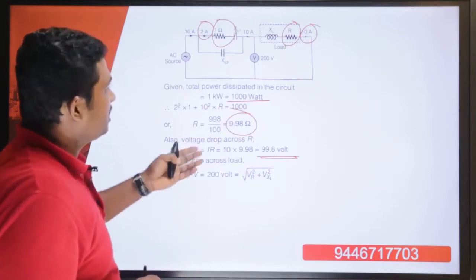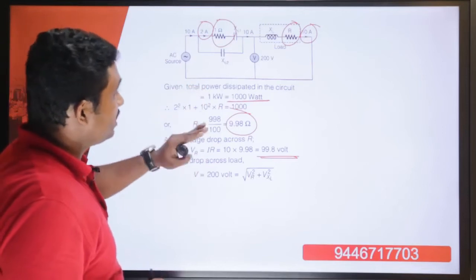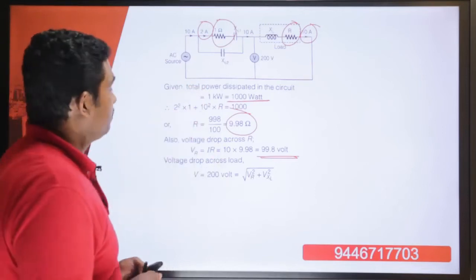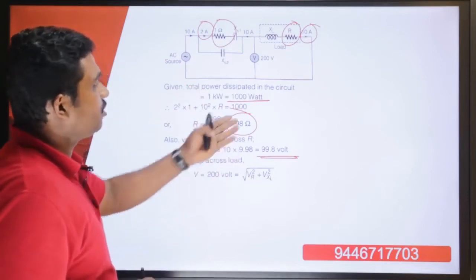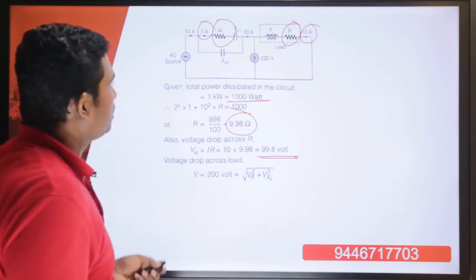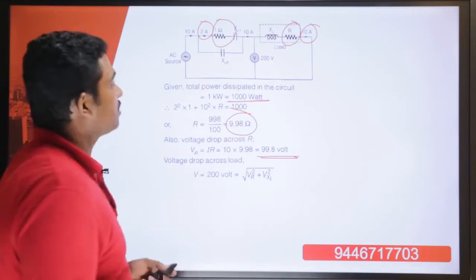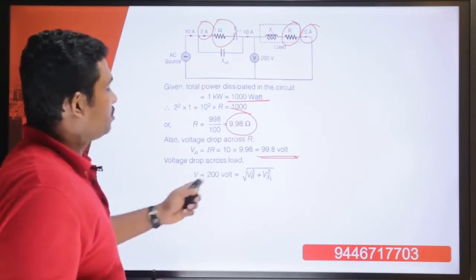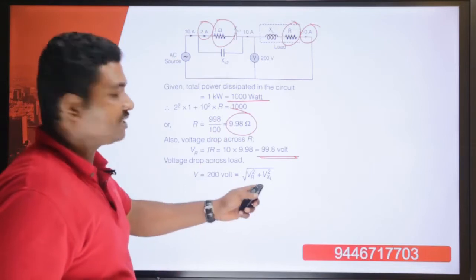Now it is already given that the drop across the load is 200 volt, but we obtain that the drop across resistance is only 99.8 volt. So we will have to find out the drop across XL. So what is 200 volt? It is the root of VR square plus VXL square.